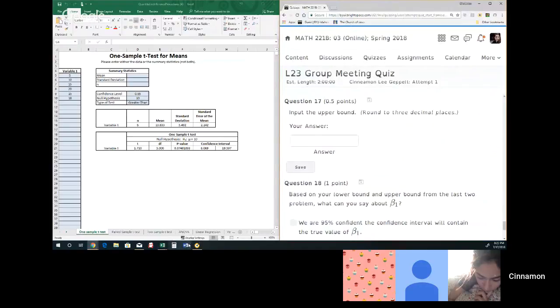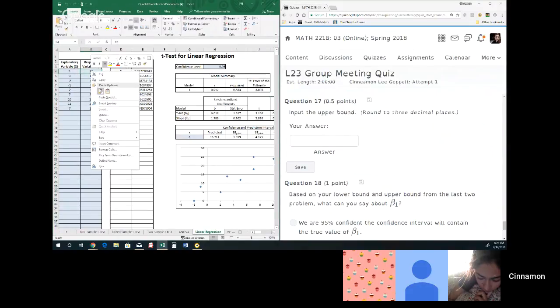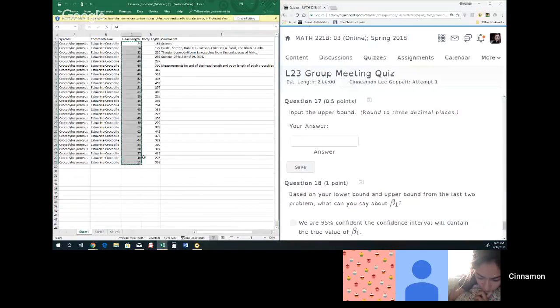Okay, sorry. Let's get over to the right one. I just have to restart it. Okay, so body length is right here, and then let me grab the head. Oh shoot, that was head length.